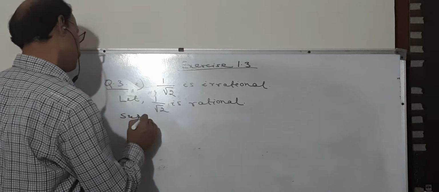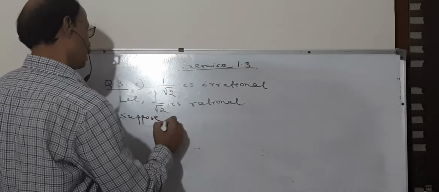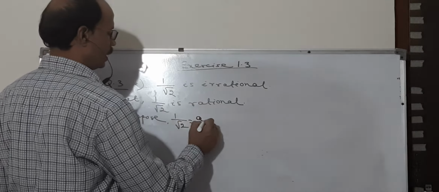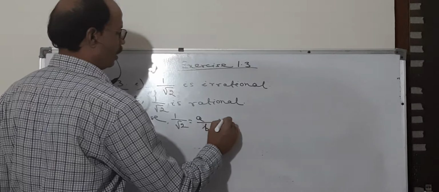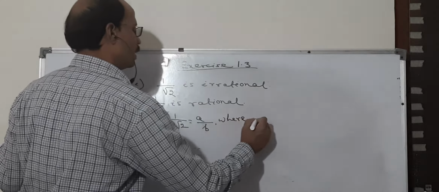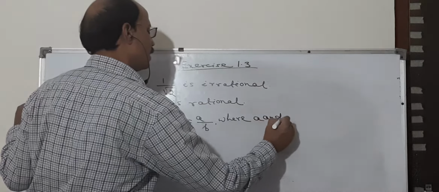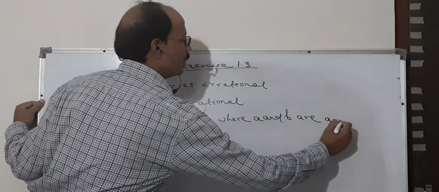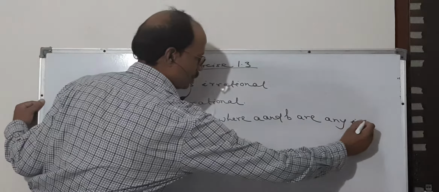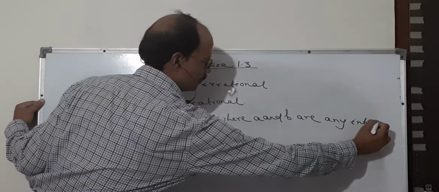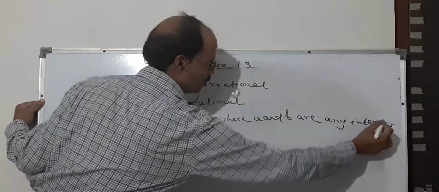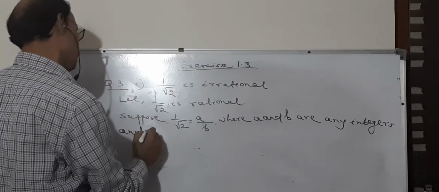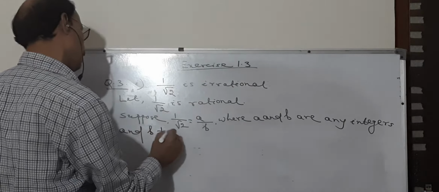Suppose 1 upon root 2 is equal to a upon b, where a and b are any integers and b not equal to 0.